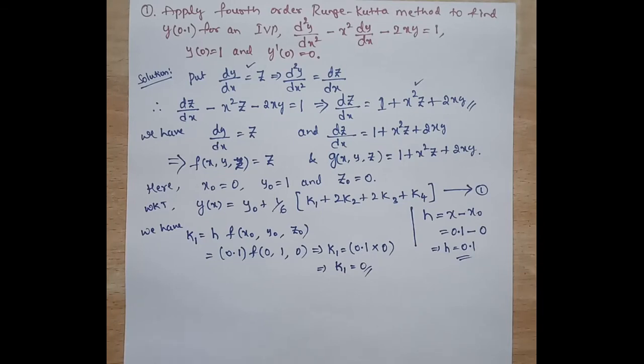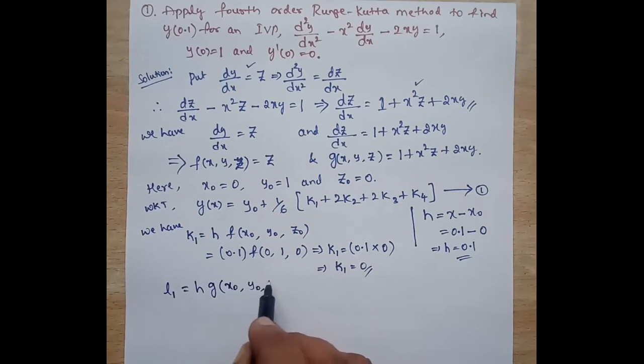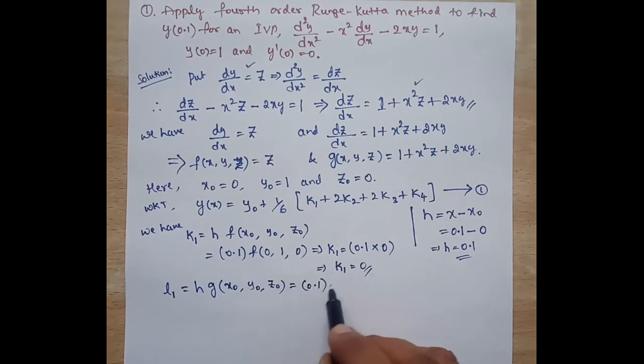Now L1. Again the formula is the same, h into, so instead of f, g will come, g of x naught, y naught, z naught. So this is equal to, see everything is same, just change the symbol. It is 0.1 into g of 0, 1, 0.